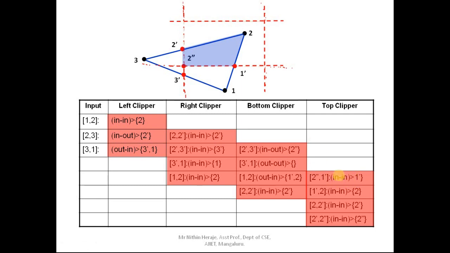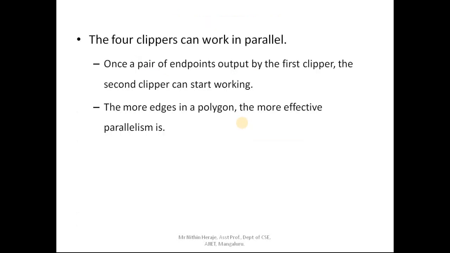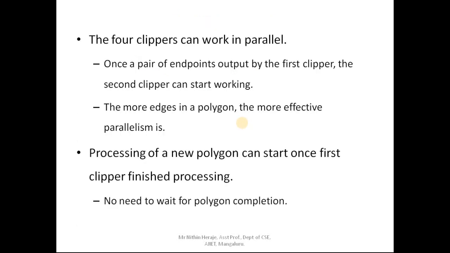Okay, so this is how the Sutherland-Hodgman polygon clipping is going to work. Processing of a new polygon can start once the first clipper finishes the processing. Okay, so you can start for the new polygon also.